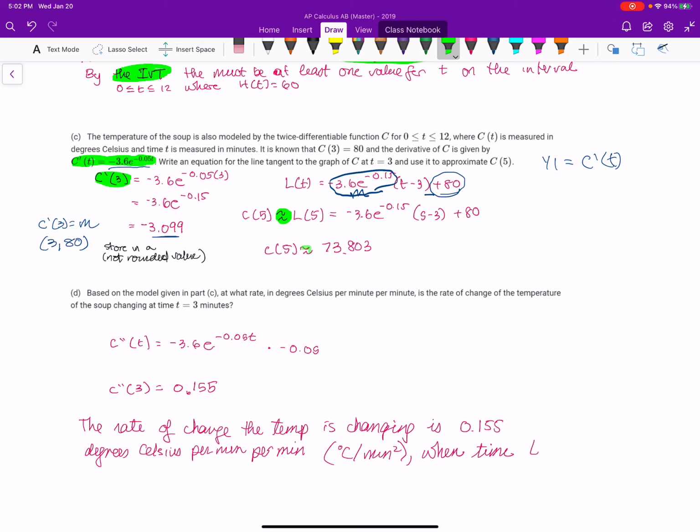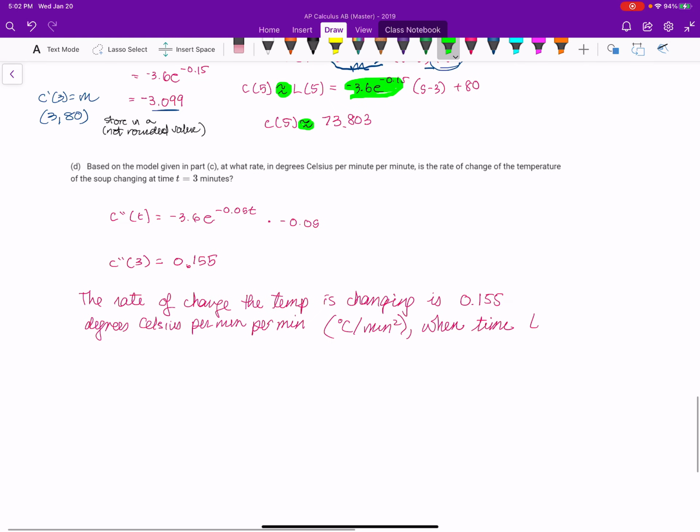You can just put that in the calculator. You've already stored this as a, so a times 5 minus 3, or times 2, plus 80 should have given you 73.803. Don't forget at least 3 decimal places. You could do more, but never less, unless it terminates.